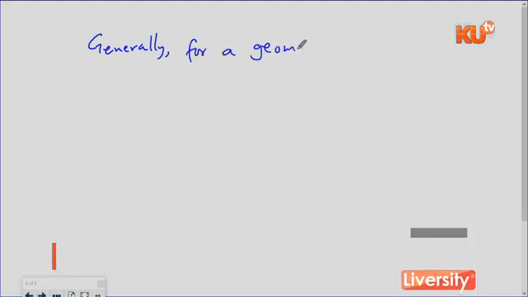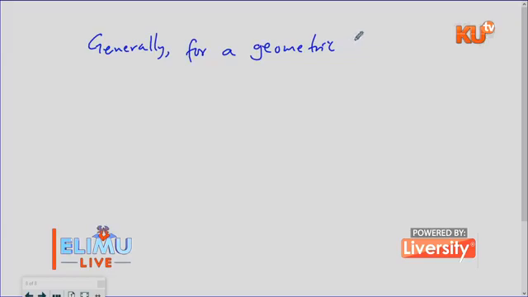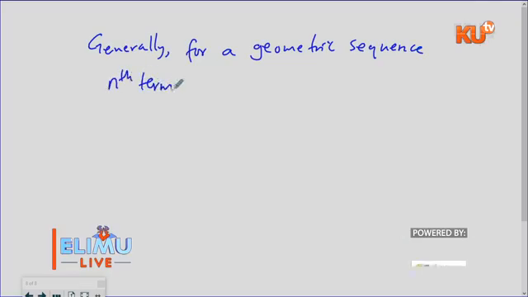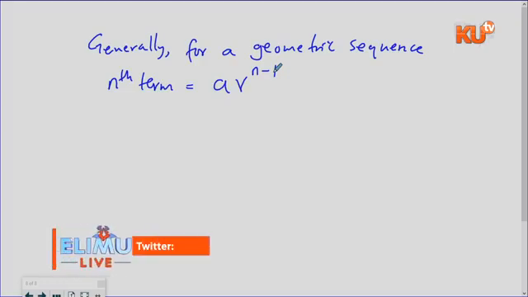Now, generally, for a geometric sequence, the nth term is given by a times r power n minus 1.